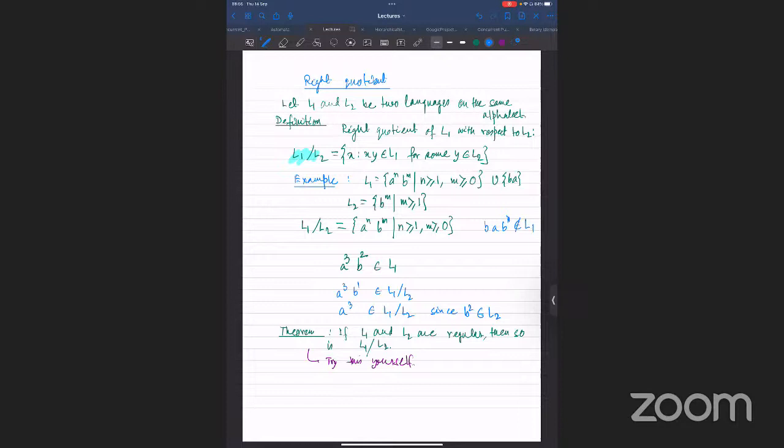So it doesn't appear in the right quotient. Clear enough? Okay, so the definition is clear. It's the set of all those strings such that you can append something from L2 to get a concatenated string which is in L1.